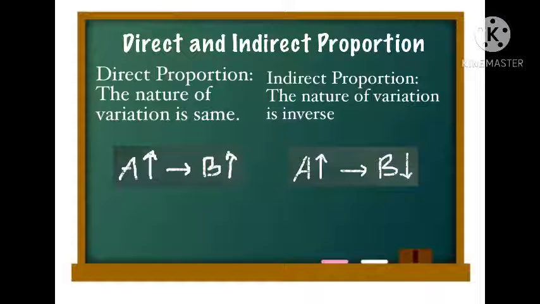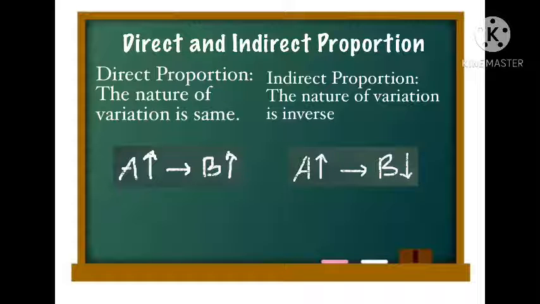So, let us start our discussion with direct proportion. When we have two quantities and the nature of variation of the two quantities is the same, we say the two quantities are directly proportional.